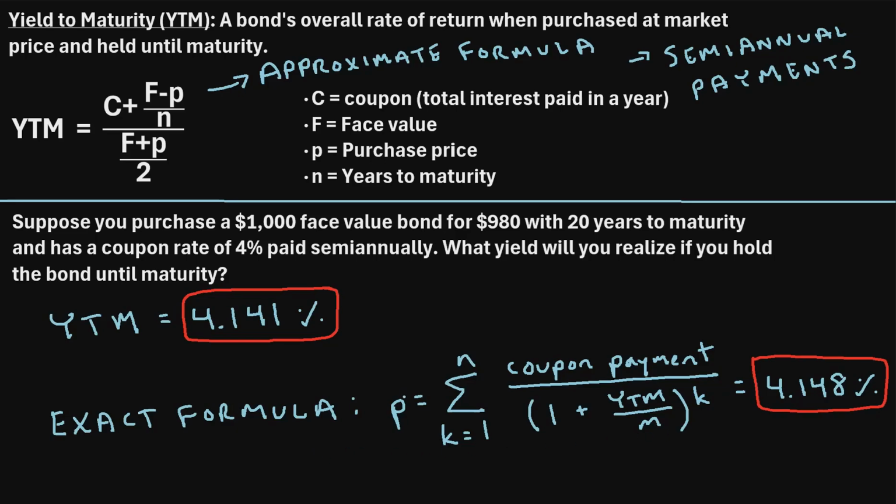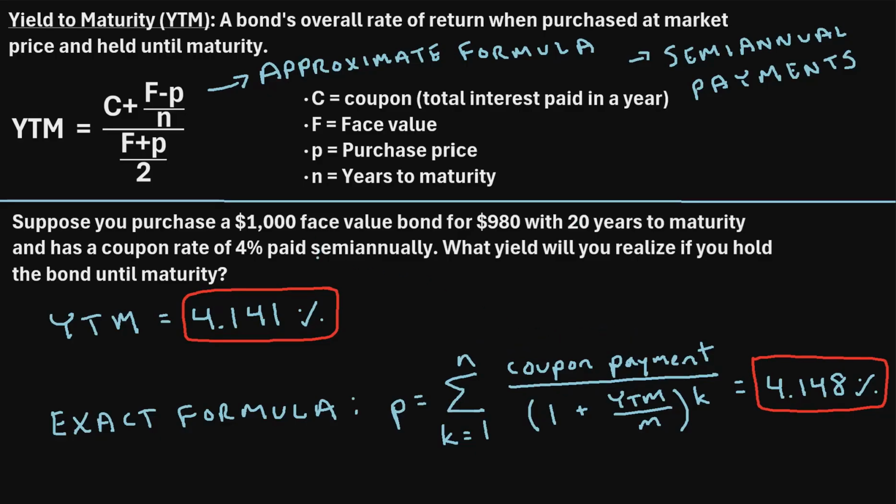Now, the exact formula to find the yield to maturity is this formula right here. We say P, the purchase price, so in this case, our purchase price would be $980, is equal to the sum of K equals 1 all the way to N, where K is the periodic payment. So remember we said in this bond we're getting paid semi-annually. So the total N, the total payments, would be 20 years times 2, which would be 40. So we're taking the sum of each period, we're taking the coupon payment.